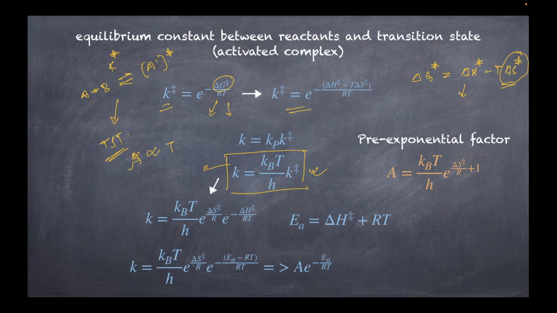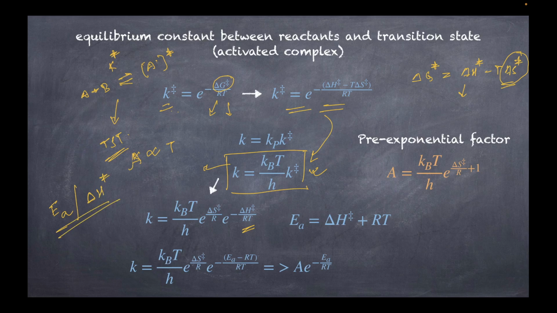Okay, so k equals kBT divided by h. We can put this expression here in place of K double dagger: e to the power of delta S double dagger divided by R, times exponential of minus delta H double dagger divided by RT. Now we know the relationship between the enthalpy of activation and the activation energy, EA.